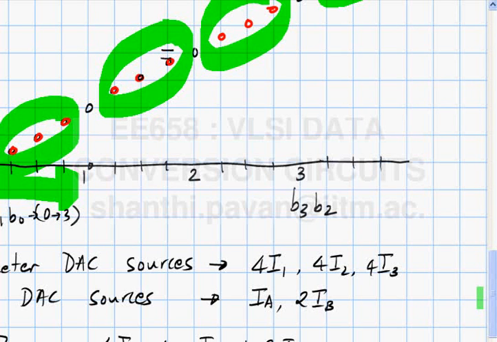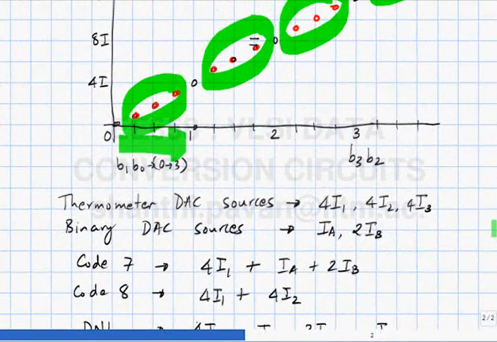And you end up with decoding logic which is definitely more complicated than the pure binary case. But you are saving a lot of area in implementing the current sources, because they can now be more mismatched, and you will end up with still the same DNL. Does this make sense?